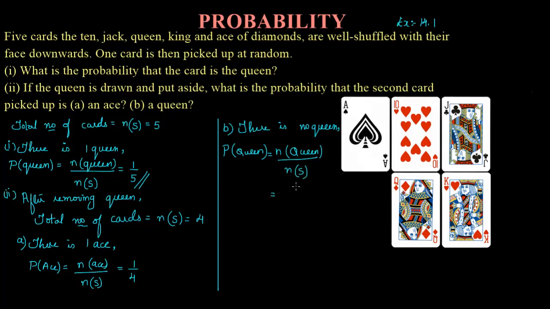There is no queen, so 0 divided by 4, the number of cards after removing the queen. 0 divided by any number is 0 itself. So the probability of getting a queen is 0.